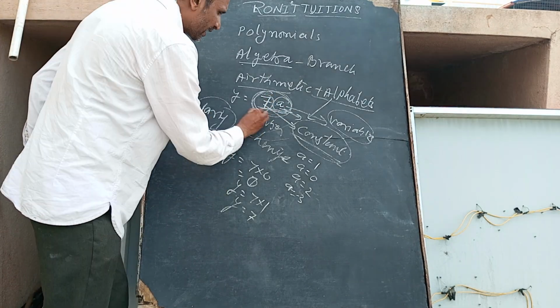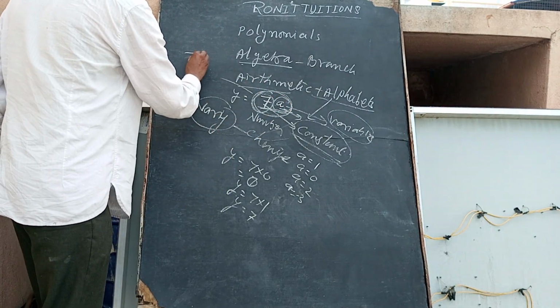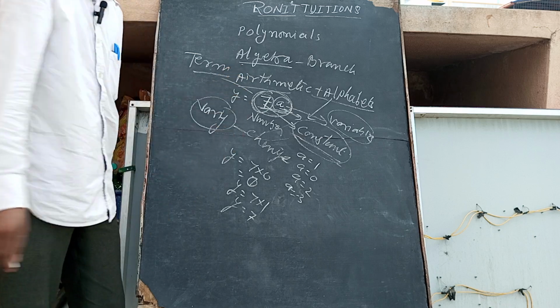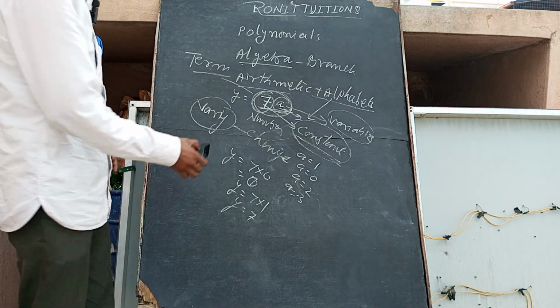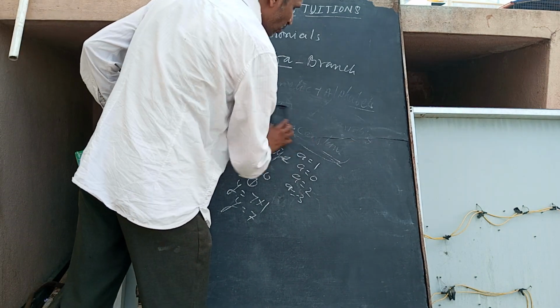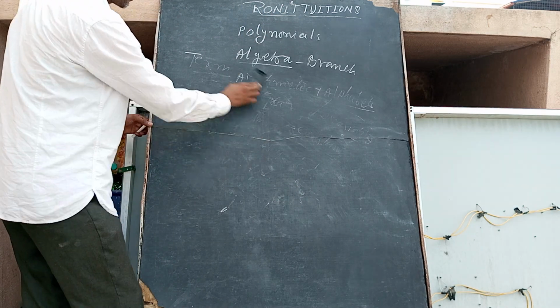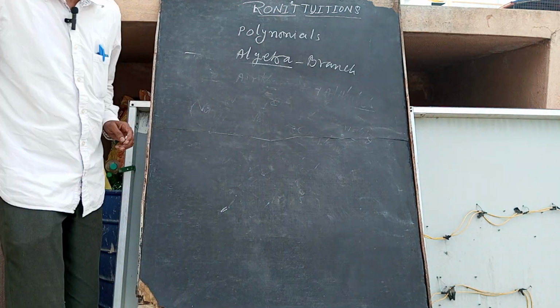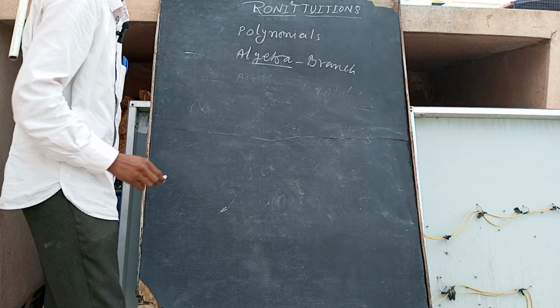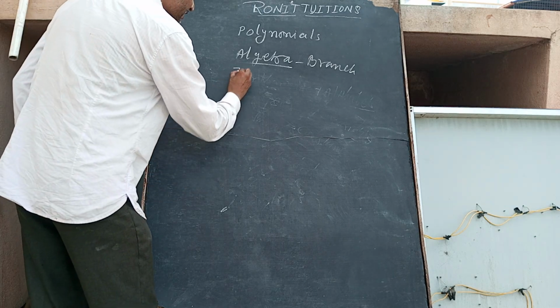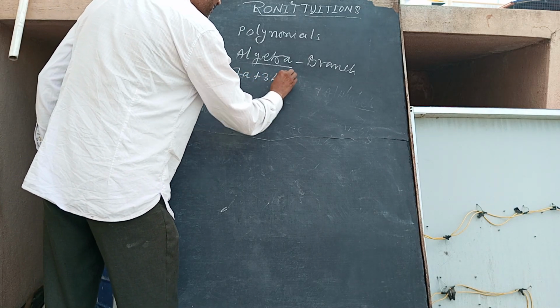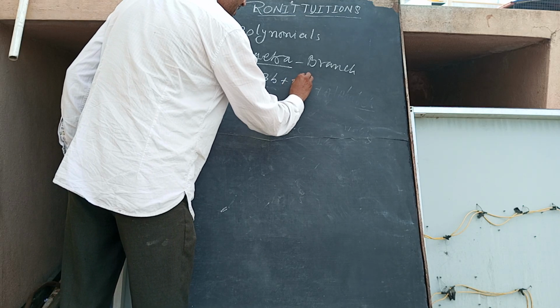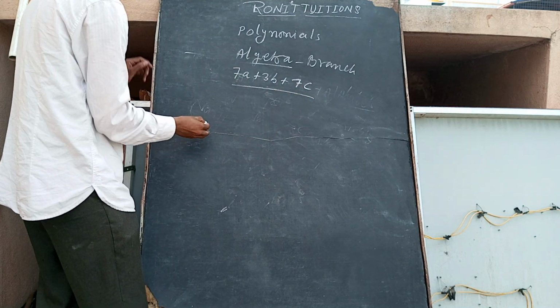When both things are connected, that is called a term. If many terms are there with operations between them, suppose 7a plus 3b plus 7c, then there are three terms.